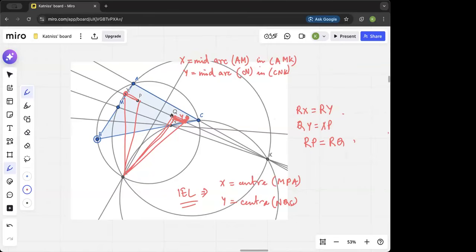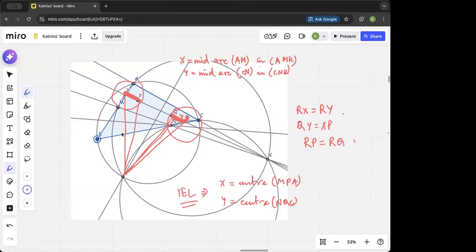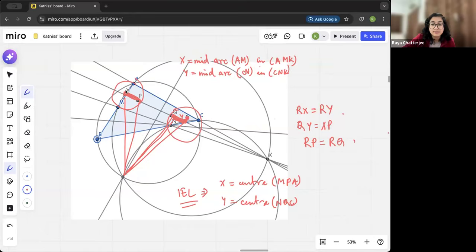And Qx is equal to Qy because these are the circumradii of these two small circles. And these circles are congruent because I just said that the big two circles have the same radius, so these two also have the same radius, right?